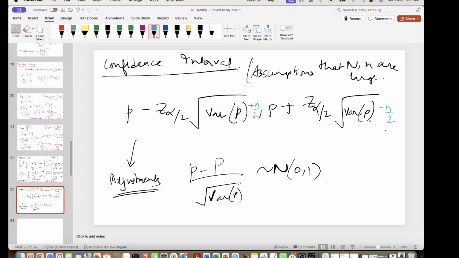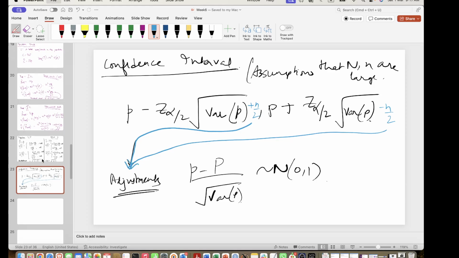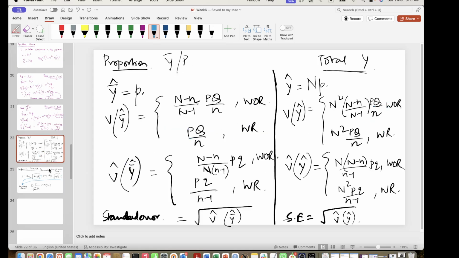These are typically the adjustments that we are trying to make. Alright, so we'll keep this formula in mind and then look at how to do things in R.